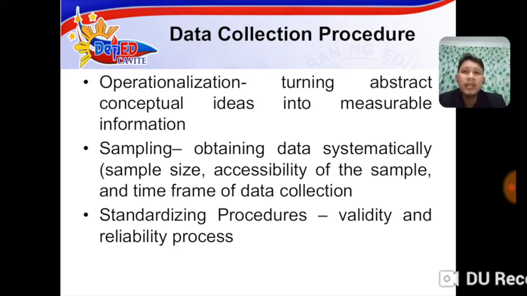It is obtaining data systematically such as sample size, accessibility of the sample, and time frame of data collection. And also the standardizing procedure. It is undergoing phase or content validity and reliability process that involves pilot testing and reliability tests such as Cronbach alpha test.